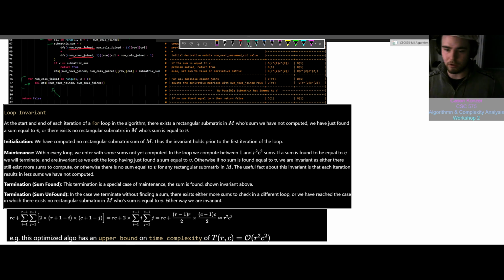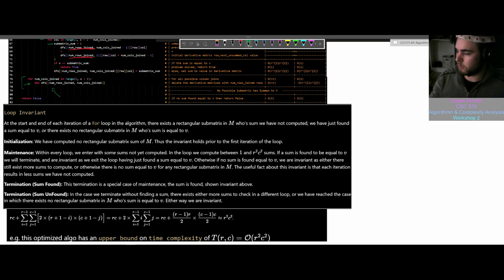So in the deletion phase, there are sums the first time we go into it that we haven't computed. The last time we enter this deletion phase, we either have found no sums whose value is equal to V out of all of them, or there exist still more to compute.